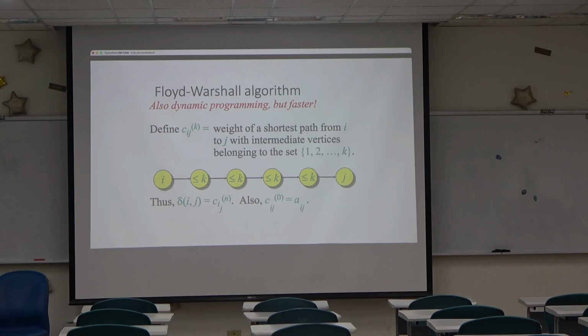The first modification is that we try to change the notation of each node. Say the previous nodes may be called A, B, C, D, and so on. Now we are using node 1, node 2, and so on.